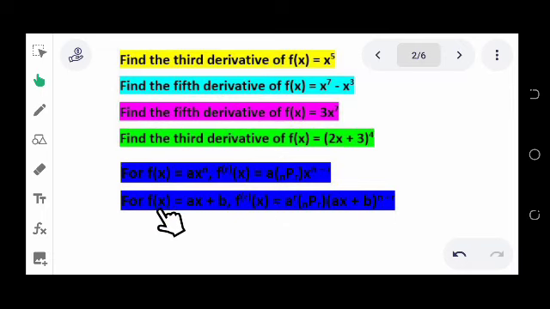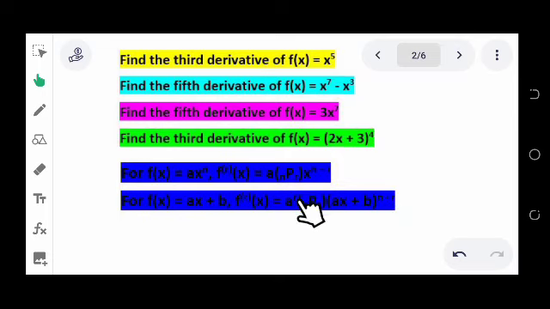And for functions of the form ax plus b, where a and b are constants, the rth derivative of the function is equal to a to the r times the permutation of n taken r times ax plus b raised to the power of n minus r.